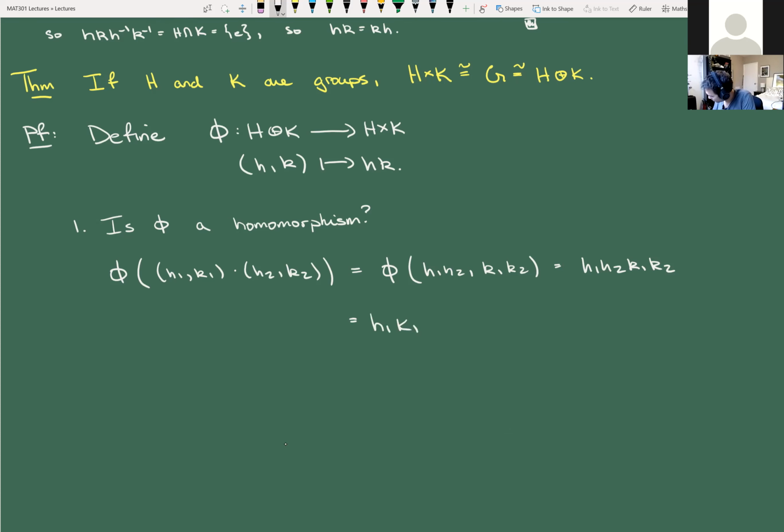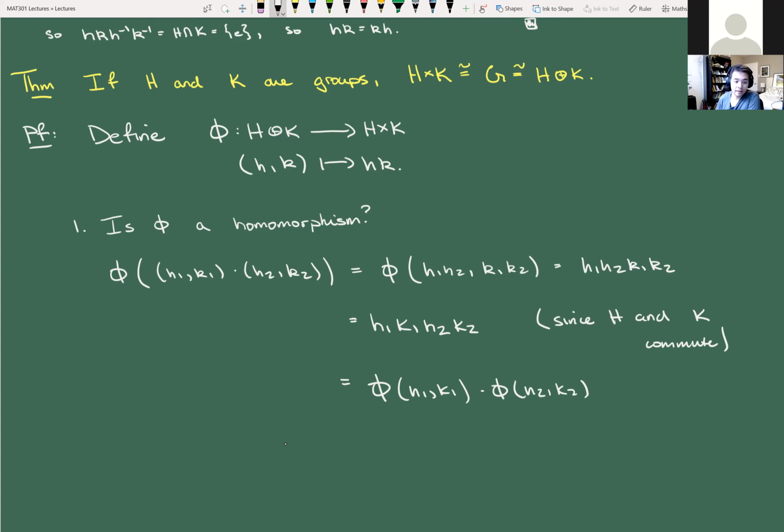That gives h1 k1 h2 k2, since H and K commute. And that is exactly phi of h1 k1 times phi of h2 k2. So yes, it is a homomorphism, because that's exactly the property that we needed to be true.